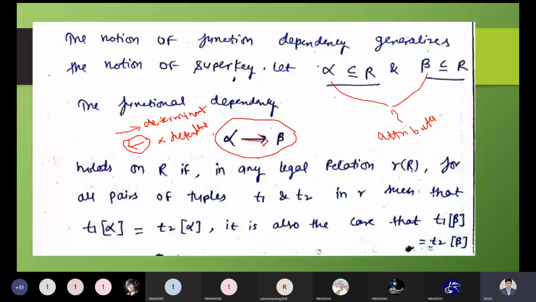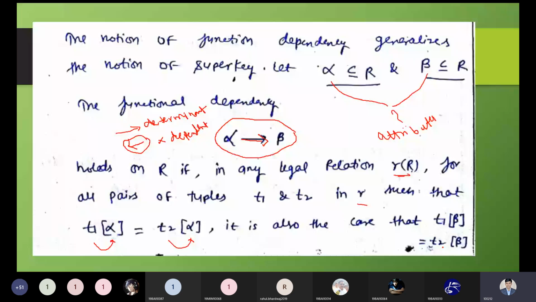So this dependency holds on the relation R. Of course, in our relation R, these two attributes alpha and beta are part of the relation R. So in any legal relation R, written in mathematical notation as small r, for all pairs of tuples T1 and T2 in relation R such that T1 of alpha equals T2 of alpha, because both are in the same relation, it is also the case that T1 of beta equals T2 of beta. This condition will be true, without any doubt.